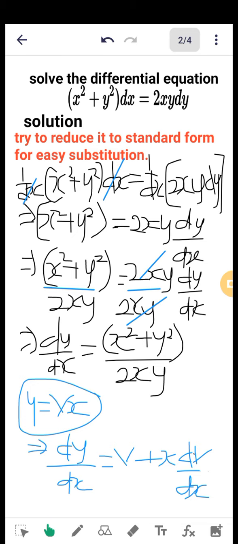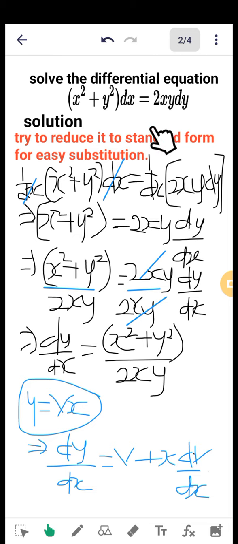That's what I always do in my ODE, trying to separate all the terms into a standard form.